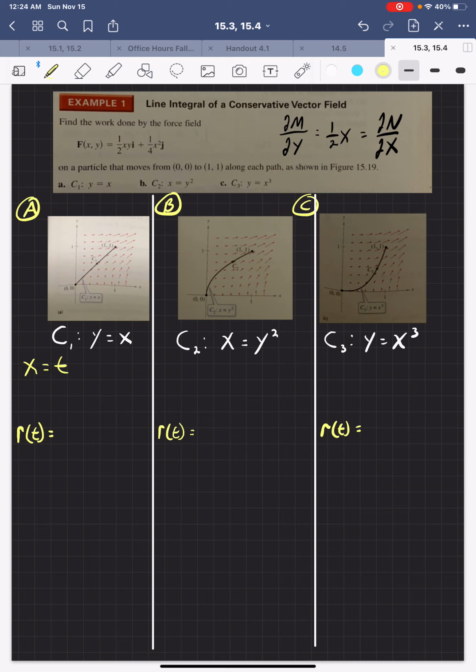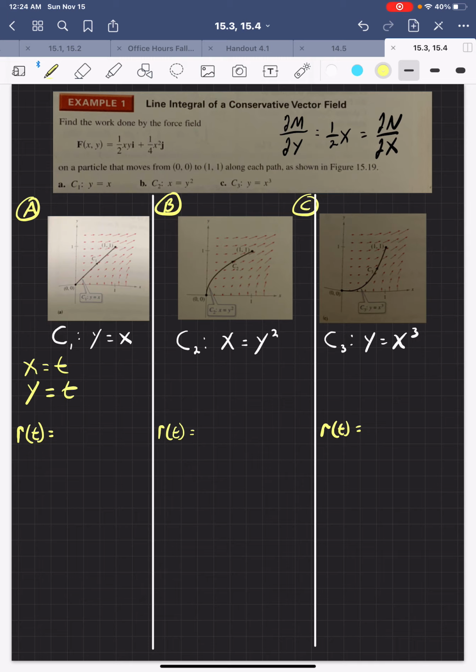But the consequence is that you don't get to fill in y. Once you have defined x to be t, you need to plug in t for x to figure out what y is. In this case, it just so happens that if x equals t, then y equals t.